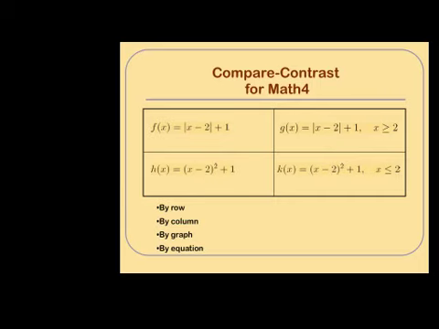In Math 4, we can use compare-contrast to distinguish between graphs or expressions involving absolute value and square. So we can do that, and that really enhances understanding of the students.